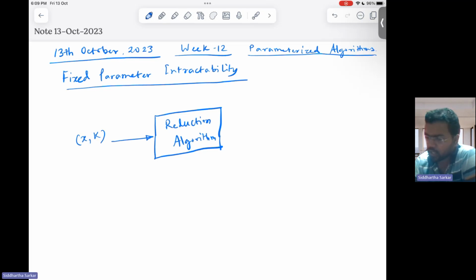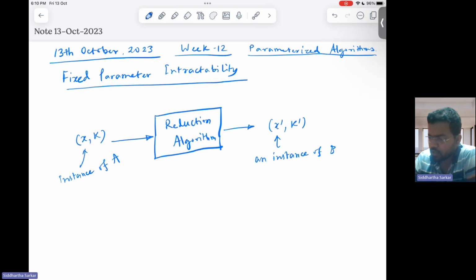So k is a parameter and x as usual is an instance of some problem, let us say problem A. And it outputs a pair x dash comma k dash, where x dash is an instance of another problem, let us say problem B, and k dash is a parameter for problem B.